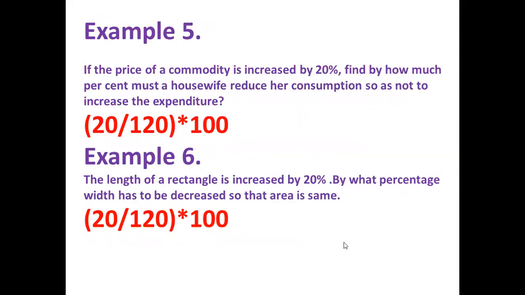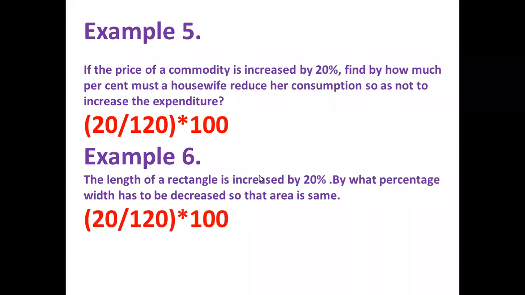In the same way, this formula can also be used in mensuration sums like area and volume. The good thing about this formula is that it can be used in area volume sums, percentage, profit and loss, simple interest, compound interest, and various other topics.